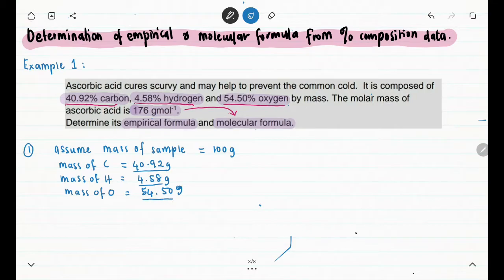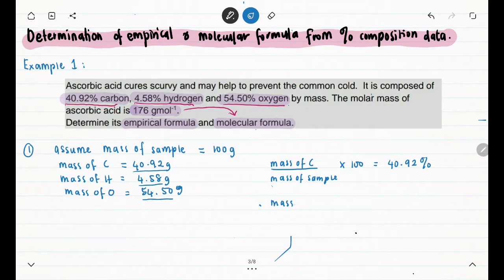Okay, so for example for carbon, to get the percentage of 40.92%, it means mass of carbon divided by mass of sample times 100 equals 40.92%. We have assumed the mass of sample is 100 gram.